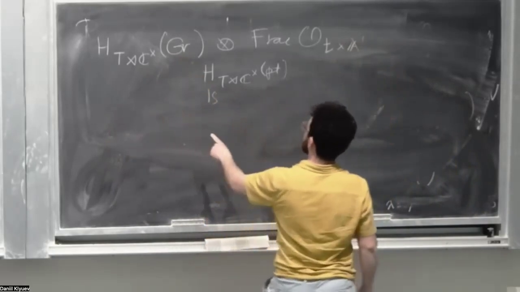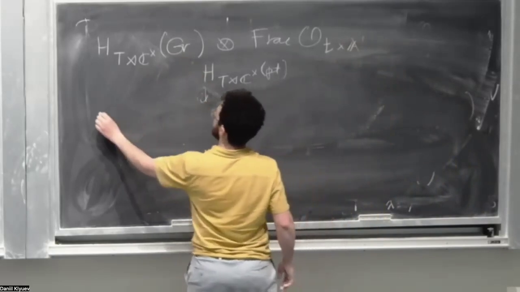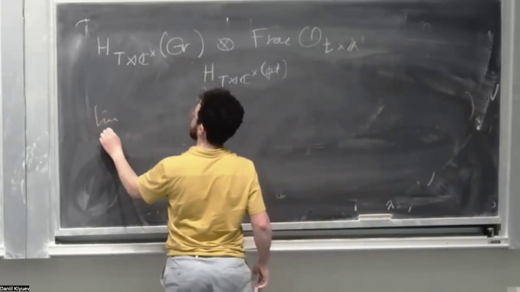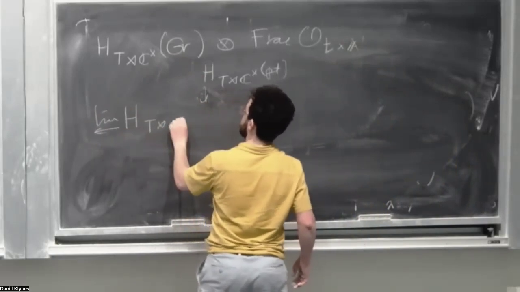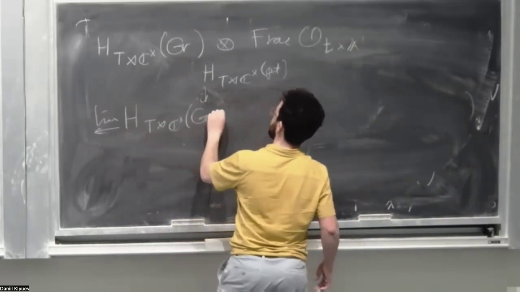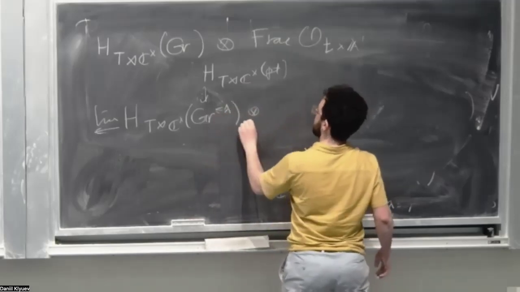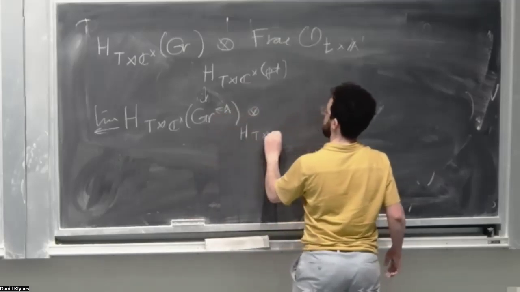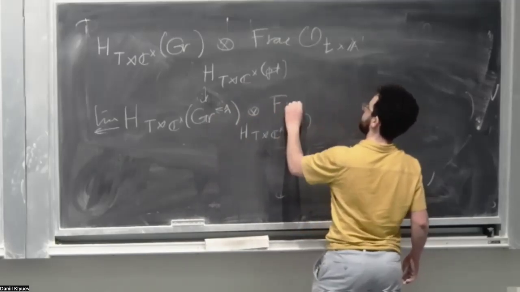So this is going to, first of all, inject into the limit of the homology of just the Schubert cells. Things are over that fraction field.